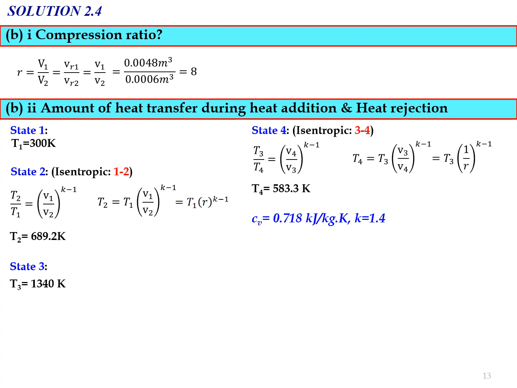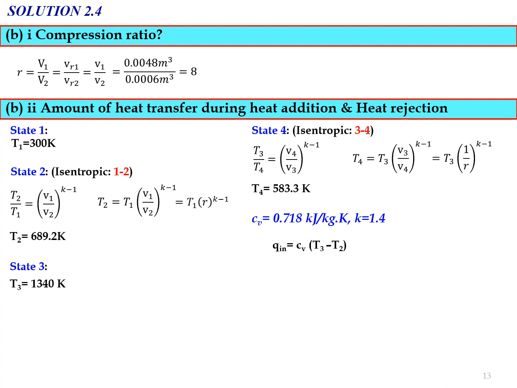Okay, now in order to determine Q in and Q out, you need to use the value of Cv, where Cv equal to 0.718 kJ per kg Kelvin, and the value of k equal to 1.4.